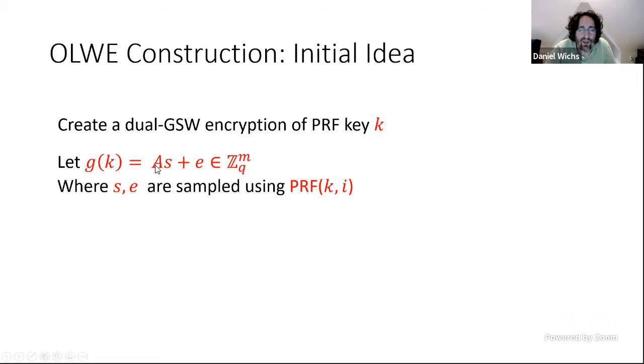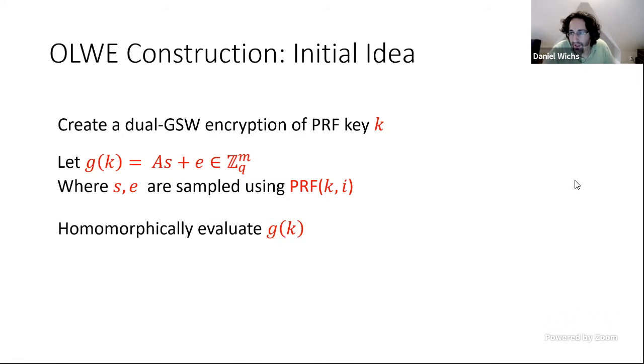And then it's just going to output the LWE sample As plus e. So G of K just computes a pseudo-random LWE sample. For every i, it looks like a fresh and random independent LWE sample. But unfortunately, we can't compute just G of K in the clear because we don't have the key K in the clear. We have it encrypted.